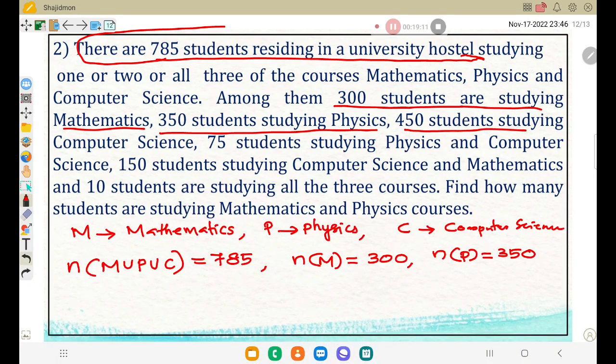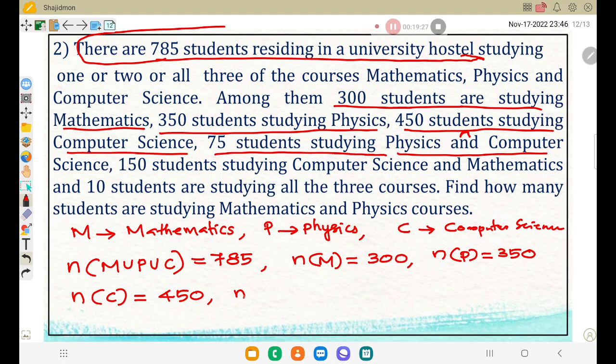And 450 students are studying computer science, so the number of computer science equals 450. Then 75 students are studying physics and computer science, so the number of physics intersection computer science equals 75.